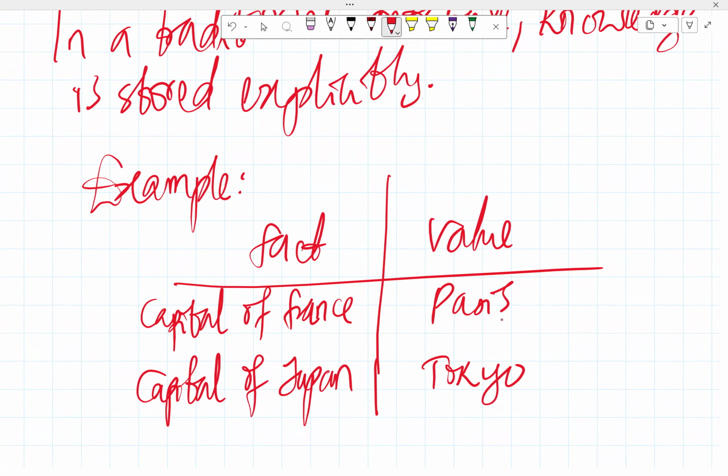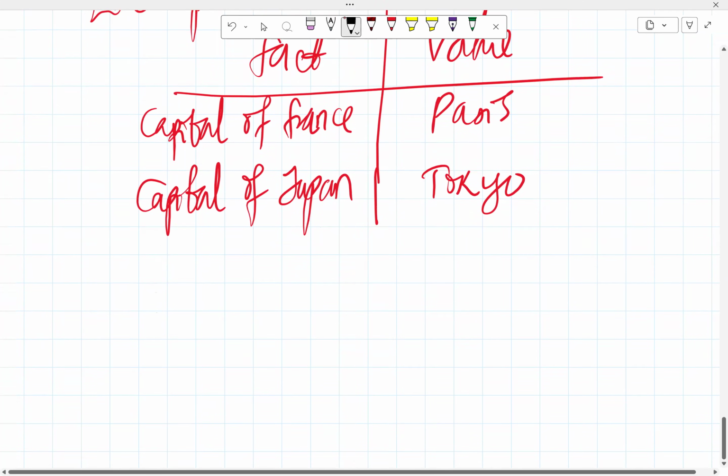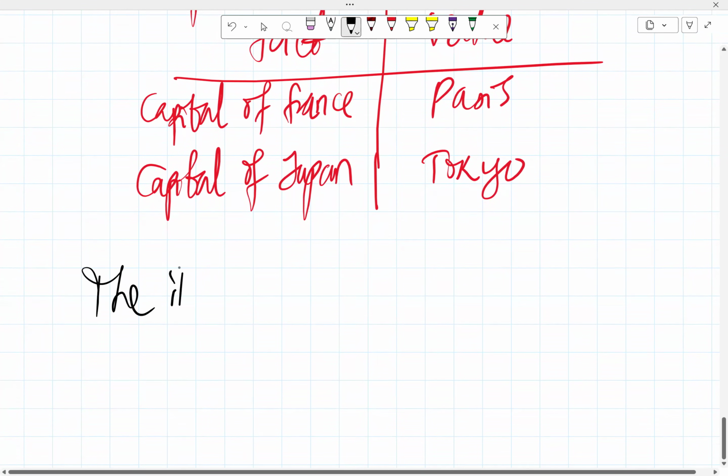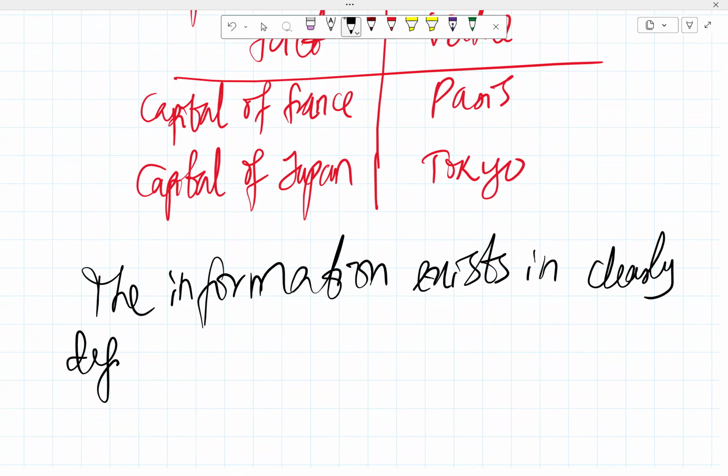So that's in the traditional system. On the other hand, the information exists in clearly defined locations.